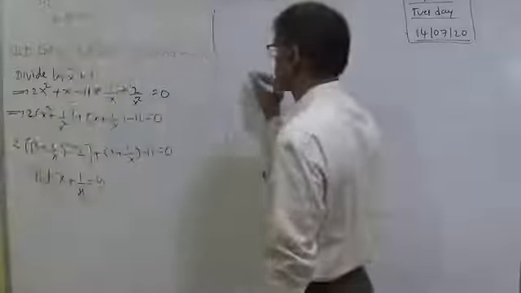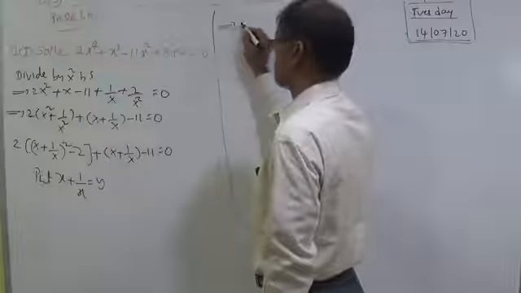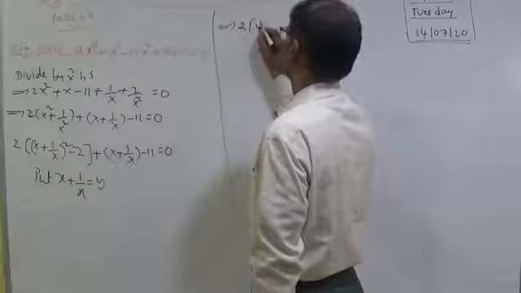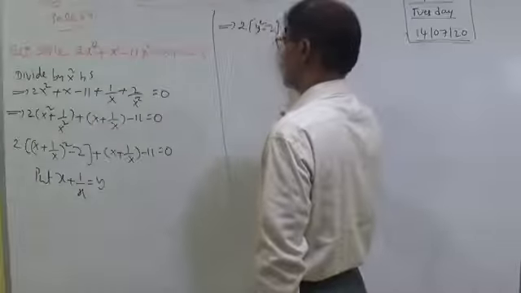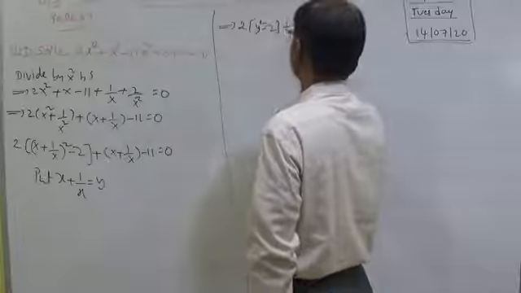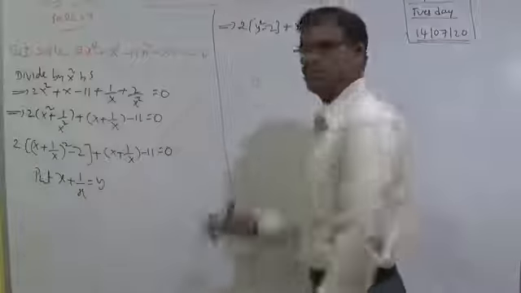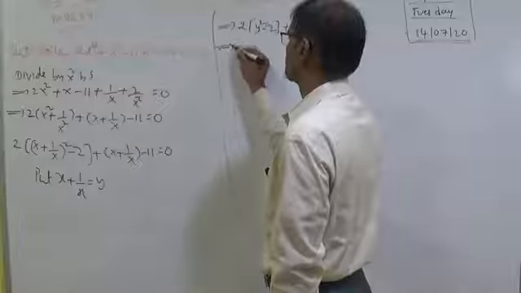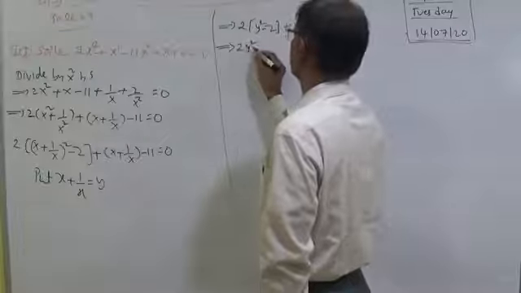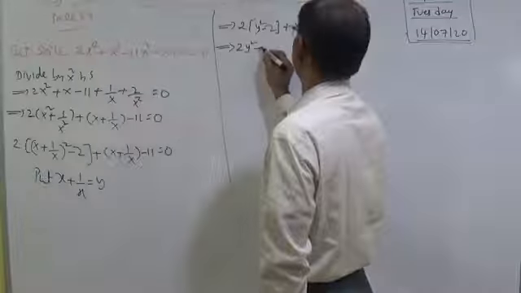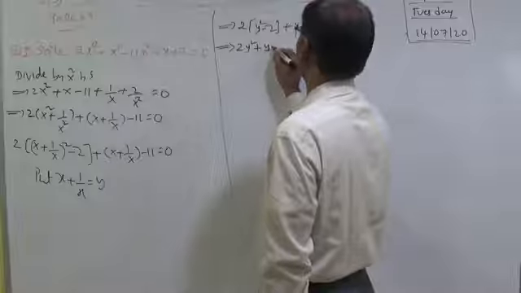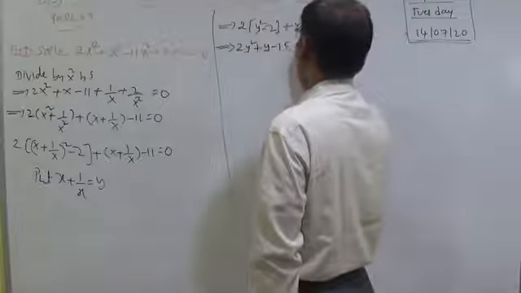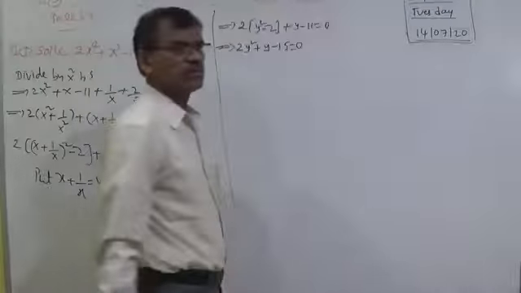That implies 2 into y square minus 2, plus y minus 11 equal to 0. By multiplication we can write 2y square plus y minus 15 equal to 0.